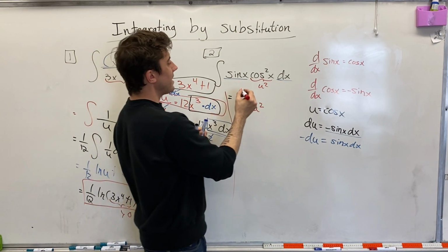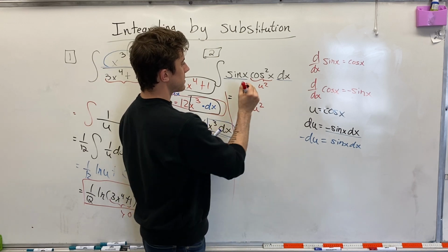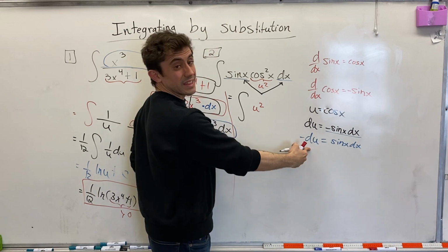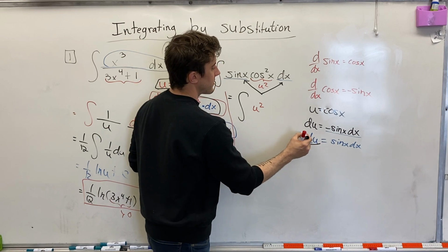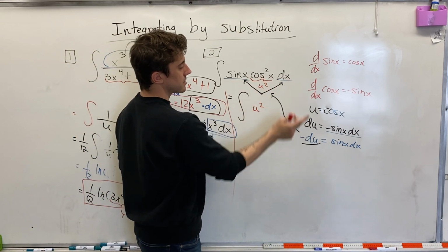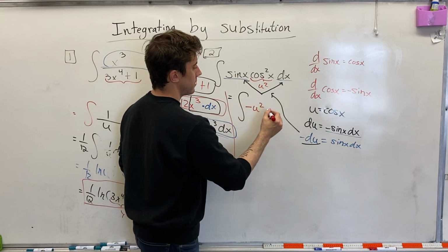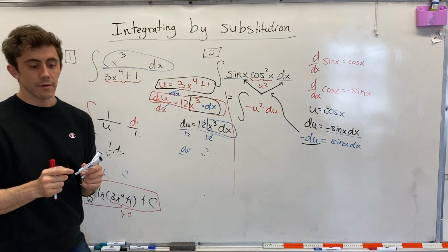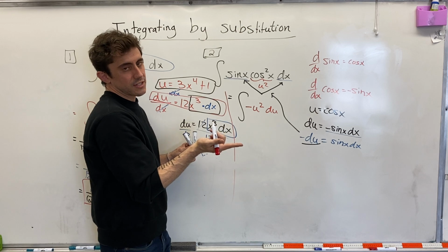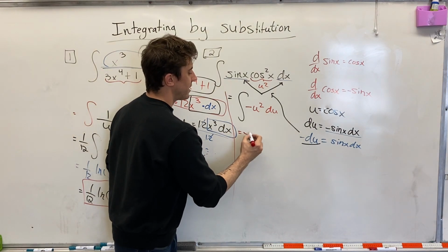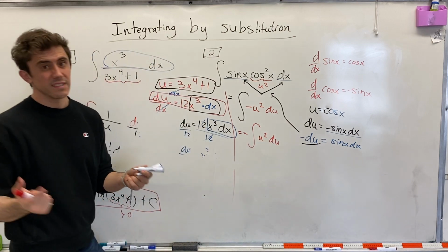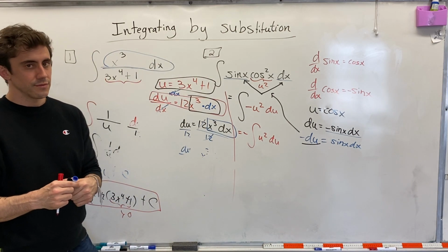And so now we can replace sine x dx with negative du. Okay, that's going to go ahead and replace that. And so now, instead of sine x dx, we'll simply have negative du. Okay, and then that negative can go out front because that's just like a constant of negative 1. And so we have negative the integral of u squared du. And that's about as easy as it gets in terms of integrals.